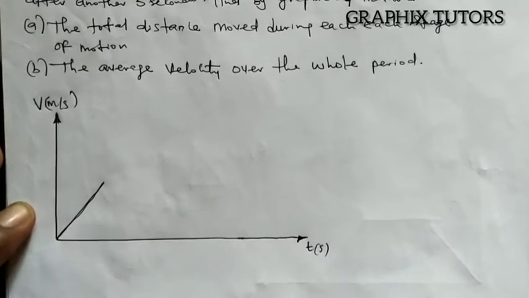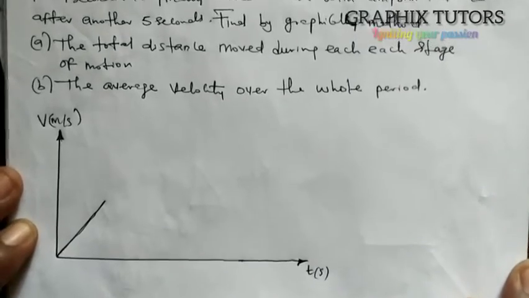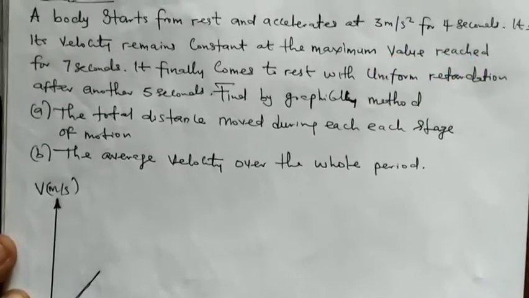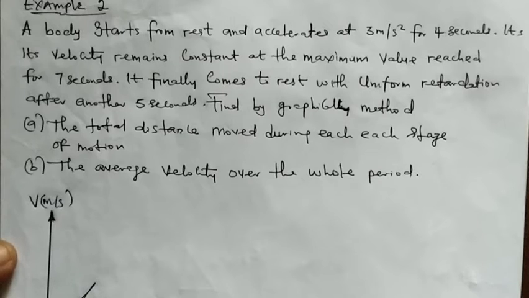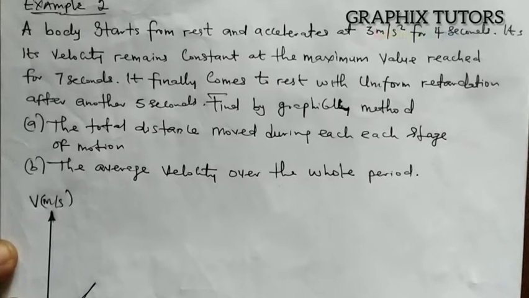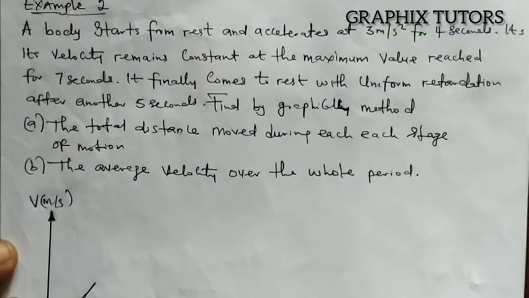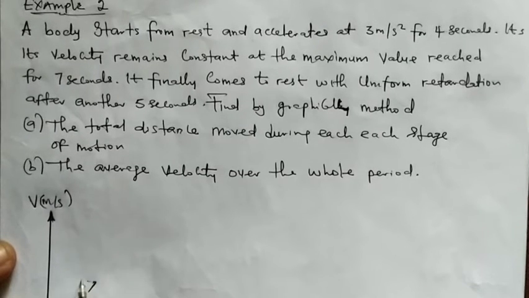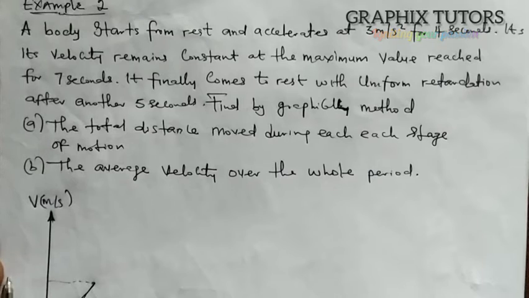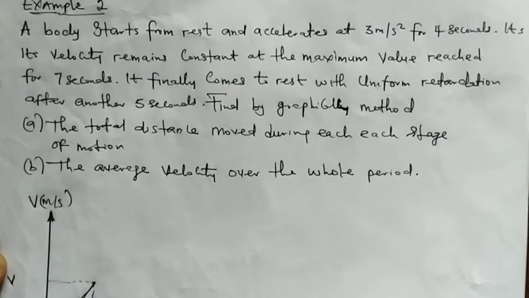And the body accelerates at 3 meters per second square for 4 seconds. So we know very well that our velocity here is not given, right? But the time is given to be what?